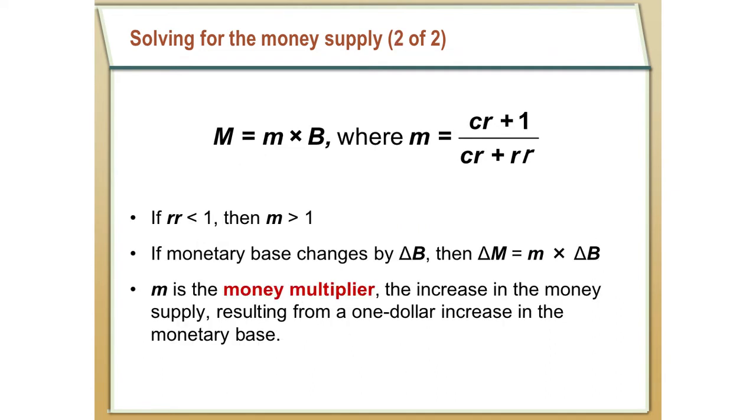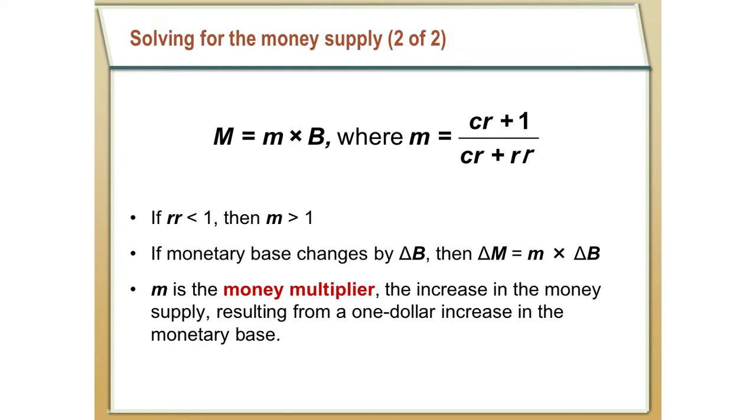So now let's think about the intuition here. Where do all these different economic agents play a role? Remember, the Federal Reserve determines the monetary base by manipulating reserves through open market operations. So the money supply is determined by the Federal Reserve's manipulation of the monetary base, but it's also determined in part by the money multiplier.